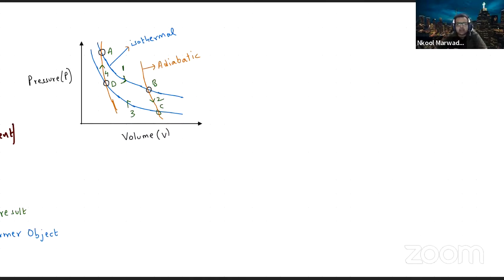Now the area enclosed within the cycle, or the area enclosed by the four curves, represents the net work done by the engine in one cycle. So let me shade that area I'm talking about.